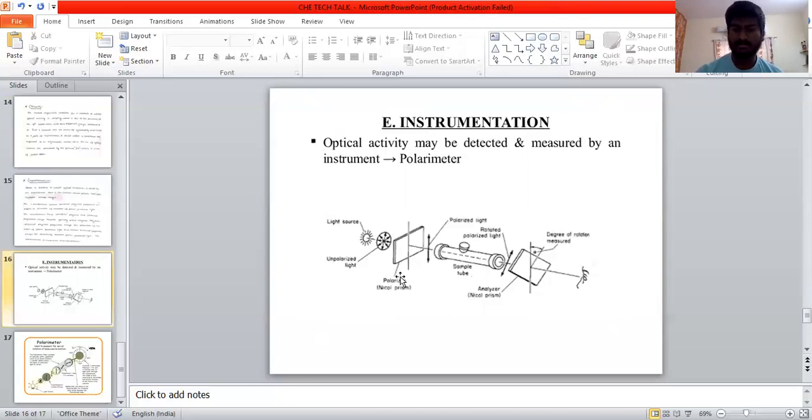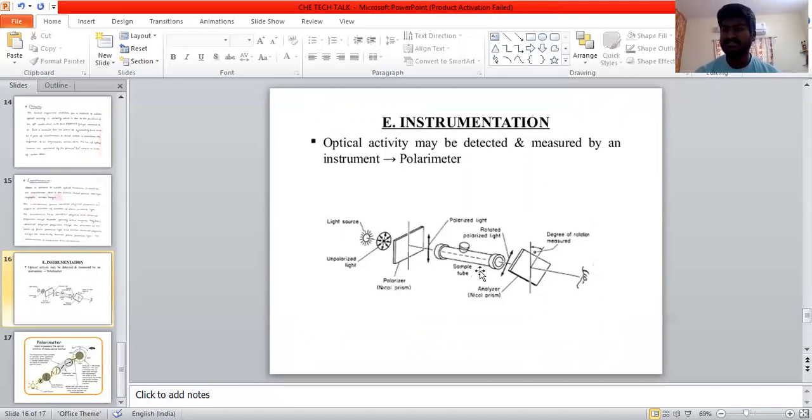When you keep a polaroid, or Nicol prism, it is converted to light vibrating in only one plane, that is plane polarized light. When this is passed through a sample tube, we get rotated polarized light. Then we use an analyzer, which is also a Nicol prism, to identify the degree of rotation.